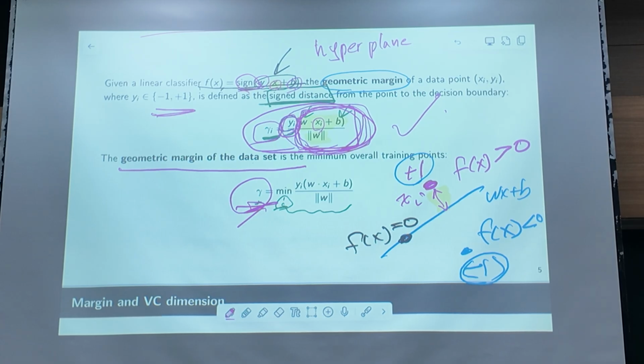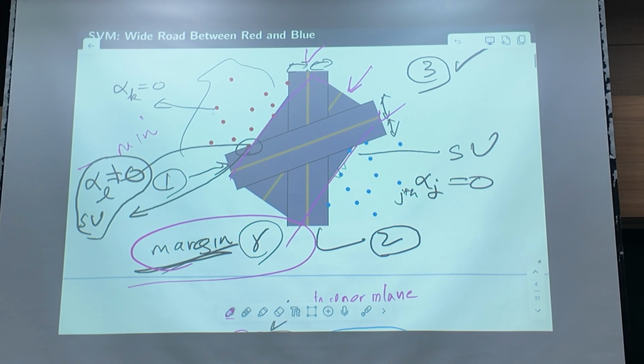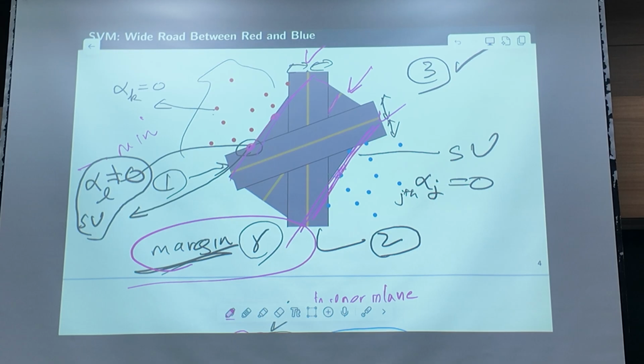What we would like is to find the minimum value of this geometric margin, the smallest distance from the decision boundary. If you go back to this picture, looking at this hyperplane, the points on the edge of the road would have the smallest distance.